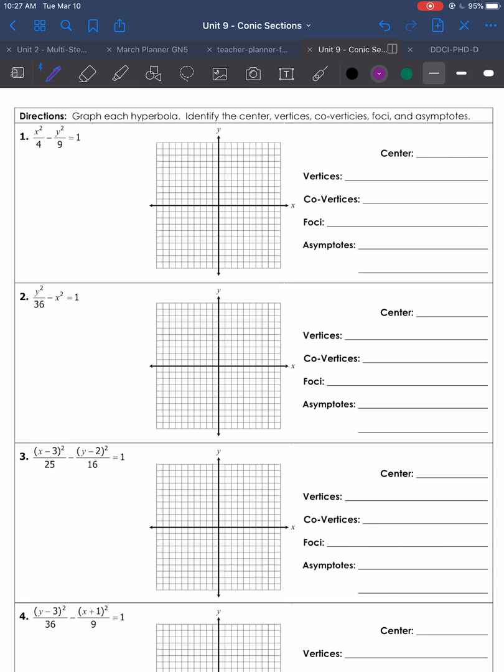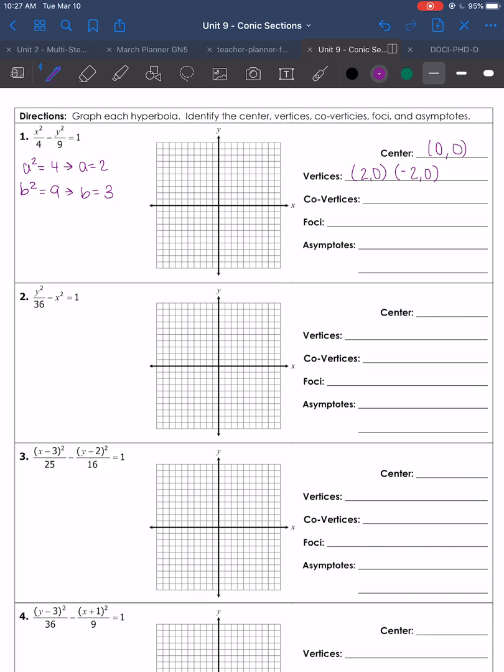So the center is (h, k), so (0, 0). a squared is always first in this case, so it's 4. So a is then 2. And b squared is 9, so b is 3. So our vertices will always deal with a. So we have (2, 0) and (negative 2, 0).